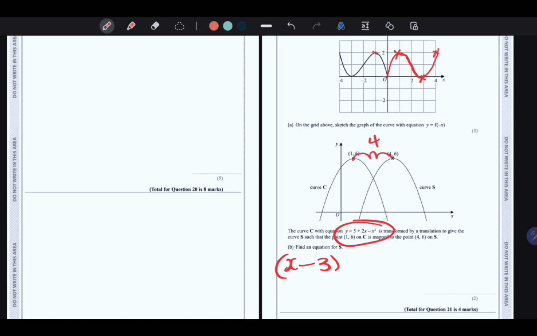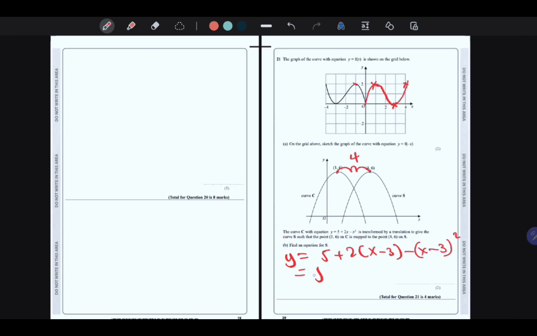So let's do that. I'm going to just erase this. Go ahead and have y equal to 5 plus 2 bracket x minus 3 minus x minus 3 squared. If we expand this, we're going to have 5 plus 2x minus 6 minus x squared minus 6x plus 9, just like that.